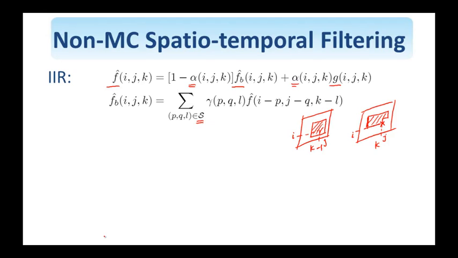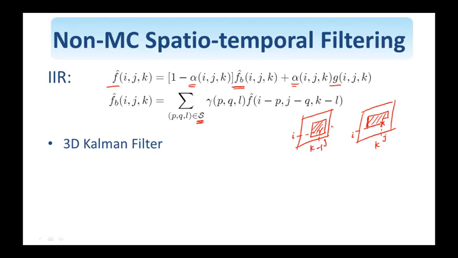The union of them forms the region S here, based on which the prediction will be carried out. And again, all the pixel values in these shaded regions have already been computed, and therefore this is a recursively computable structure. The three-dimensional Kalman filter has the form shown here, where specific expressions exist for the gain alpha.